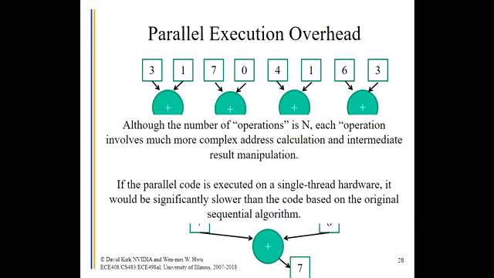When you have a parallel piece of code and you run it on a small number of cores, because of the parallel overhead, that 2-core execution will likely be slower than the original sequential algorithm running on a single core. Why would people bother to write parallel code in that case? They will not bother until you have at least 8 cores in your system.